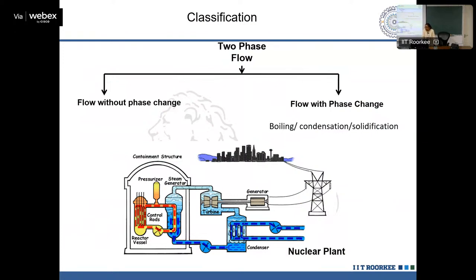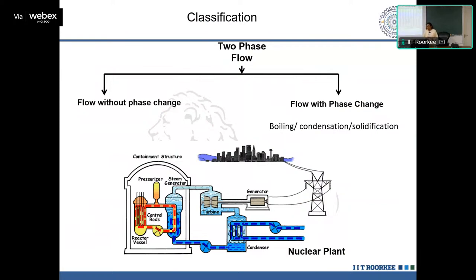This is not something that happens in a single go. There is a continuous change of phases of the liquid. Gradually the liquid changes to vapor or steam. So when this transition takes place inside the tube, you observe two-phase flow phenomena.